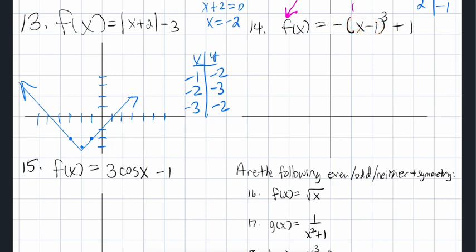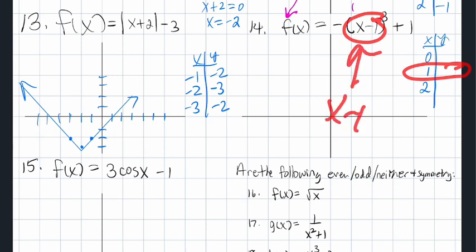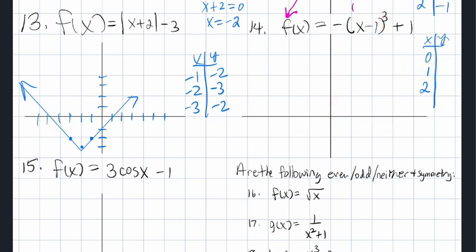So normally for a cubic, I plug in -1, 0, and +1. So if that moves those points to the right, I'm going to plug in 0, 1, and 2. You want, even for a parabola or for a quadratic, you want this to be the center based upon where does that equal 0. Well, x minus 1 equals 0 at 1.